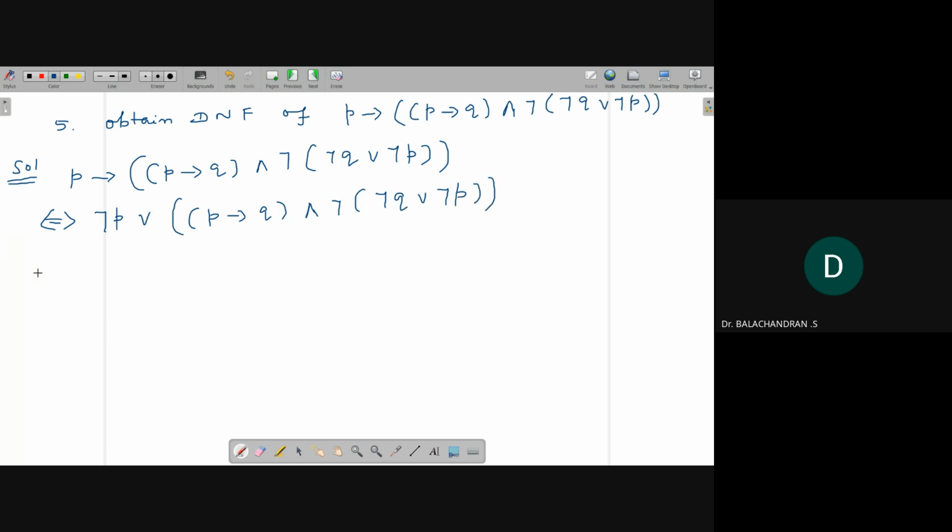So now this is equivalent to negation P or, so again P implies Q, you can write what? Negation P or Q, close the bracket, and apply De Morgan's law here. The negation of negation will get Q and P, close this bracket.